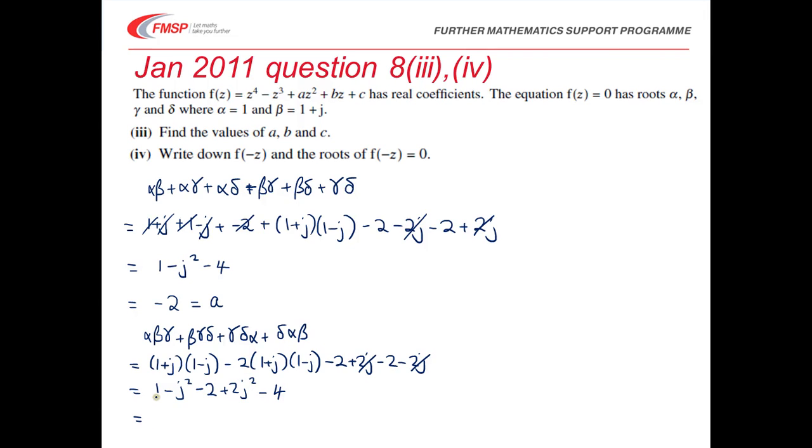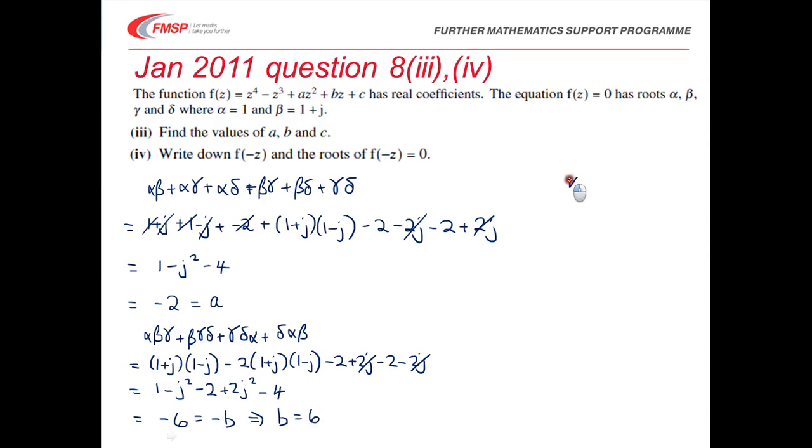So 1 minus j squared is 2, minus 2 is nothing. Plus 2j squared is minus 2, minus 4 is minus 6. And that's equal to minus the coefficient of z, which is minus b, and therefore b is equal to 6.